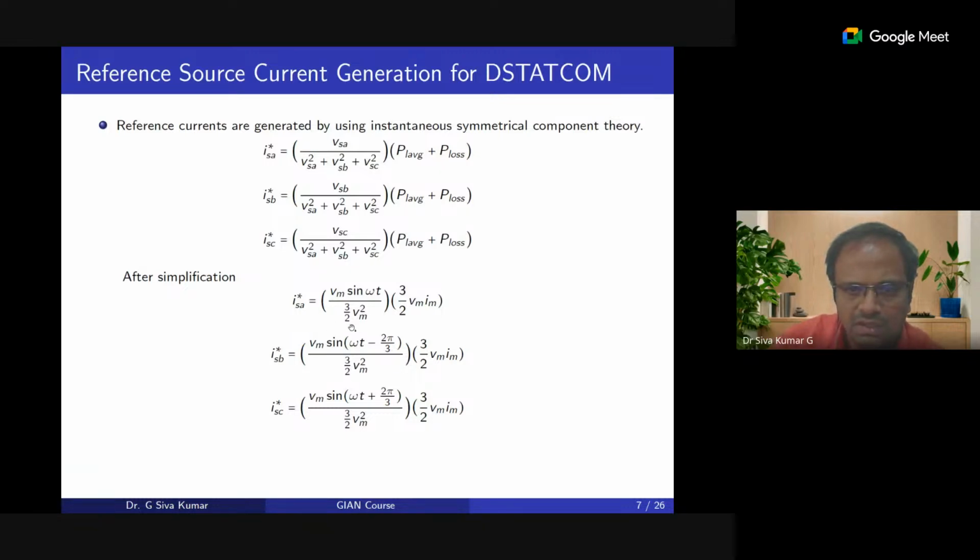It is just taking these instantaneous voltage equations and substituting over here, considering the P loss term to be 0, and the load average power PL average is 3 by 2 times Pm. The load average power equation is 3 times VRMS into IRMS.